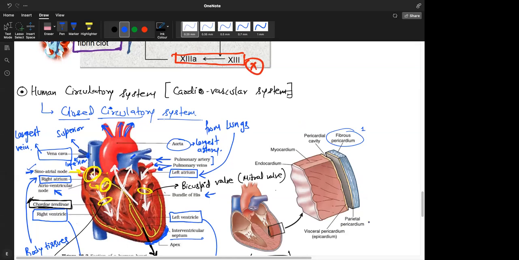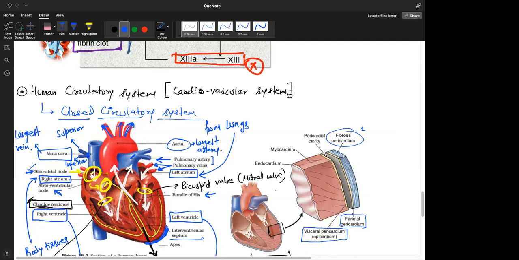Beneath that is the parietal pericardium. In your book it's just three: pericardium, myocardium, and endocardium. Here you have pericardium, and there is a visceral pericardium as well, which is known as epicardium. This is a direct layer of the heart.